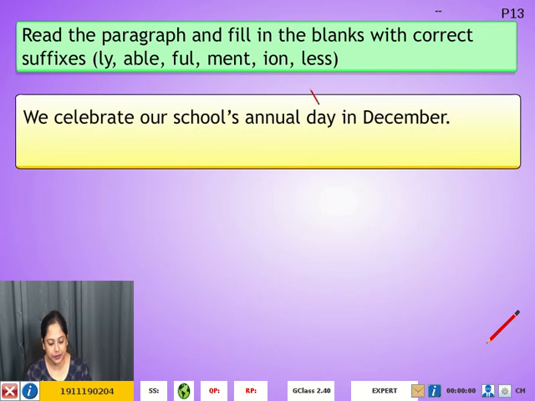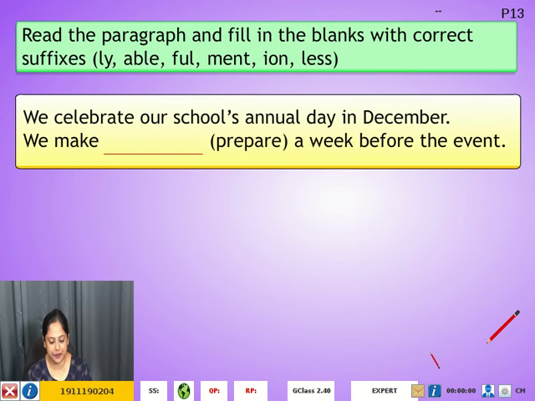Very good. Read the paragraph and fill in the blanks with correct suffixes. We have six options here: ly, able, ful, ment, tion, and less. Let's see. We celebrate our school's annual day in December. We make dash a week before the event.